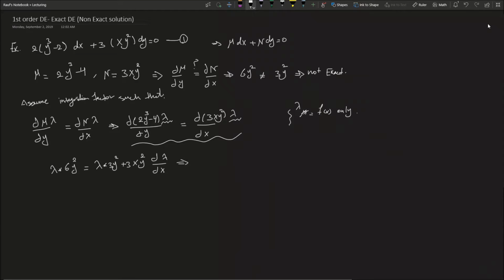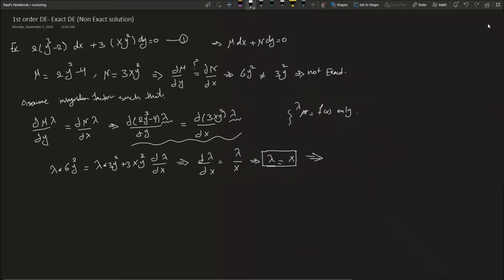Knowing that, we can say that partial lambda over partial x equals lambda over x. From that, we know that lambda equals x. Let's put it in a rectangle for now.